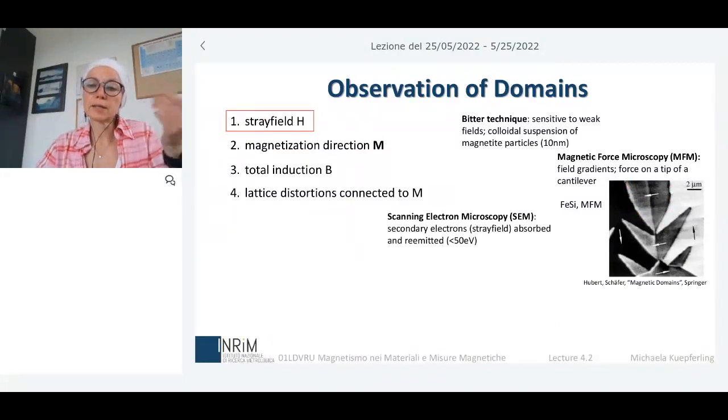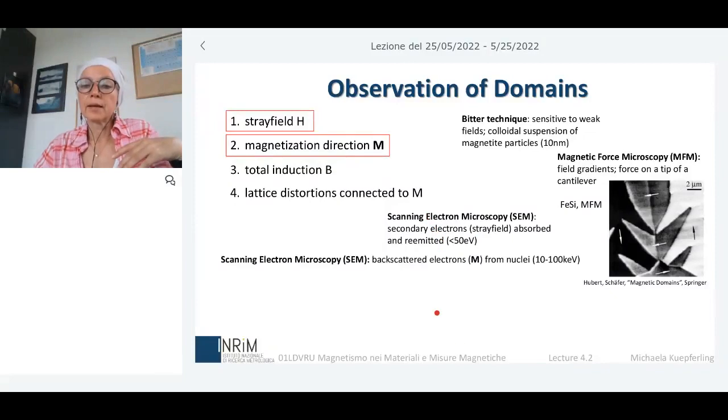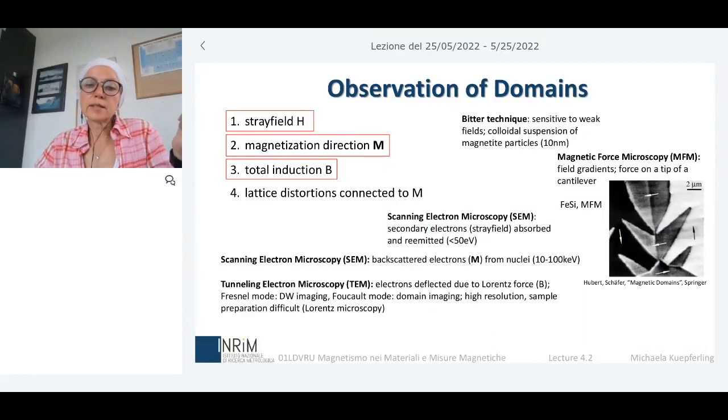Then you might have scanning electron microscopy with secondary electrons, which are absorbed and re-emitted. And again, this is sensitive to the stray field, but SEM can also be sensitive to the magnetization direction in your material by using backscattered electrons. Sensitive to the magnetization direction, or let's say the total induction in the material, is also TEM, which is the transmission electron microscopy.